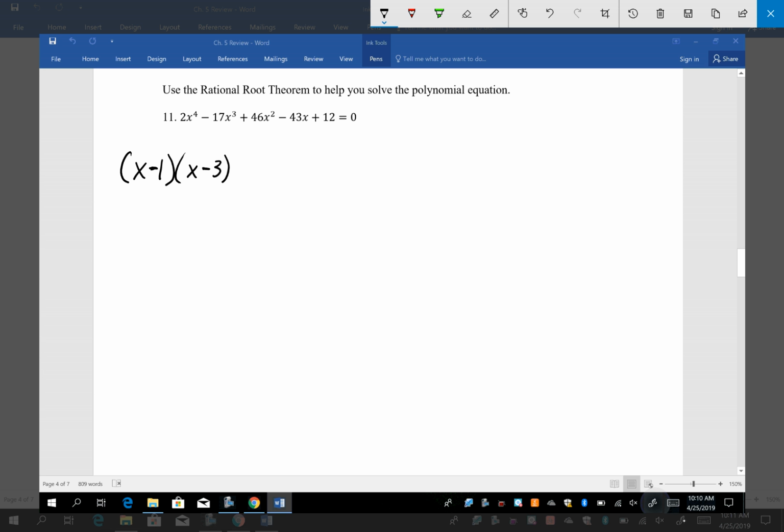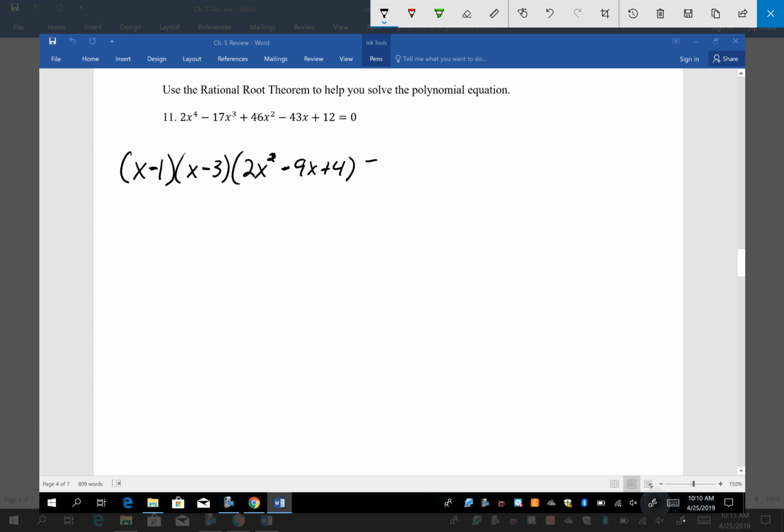So far, I've found 2 factors, because those are my 2 roots. Now, the numbers that were left, I think it was a 2x. Bashir, this is your question. Right now, it's x squared, right, because I started it cubed. Yes, so now it's x squared minus 9x plus 4.